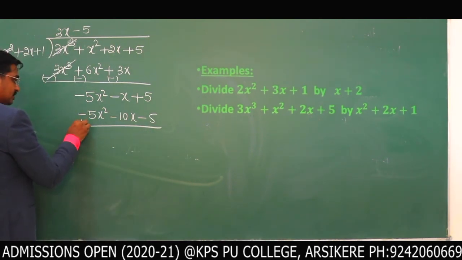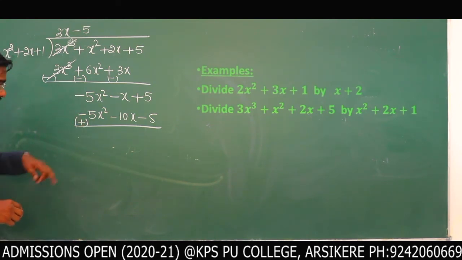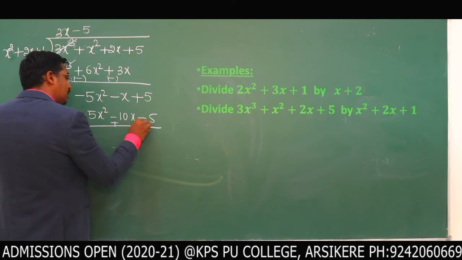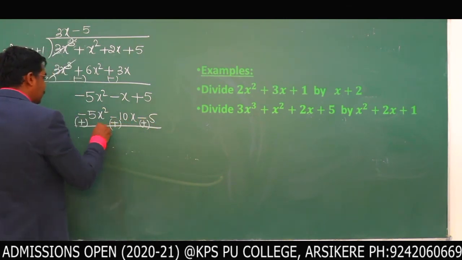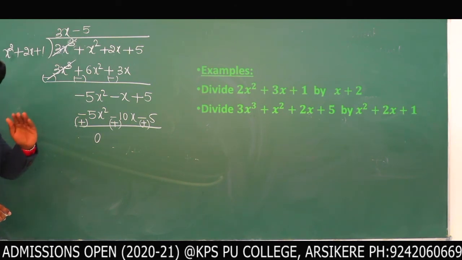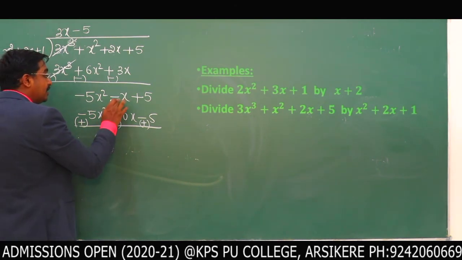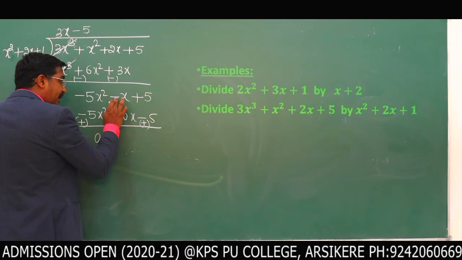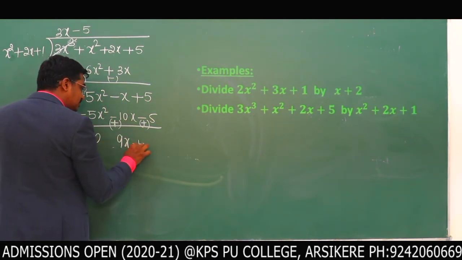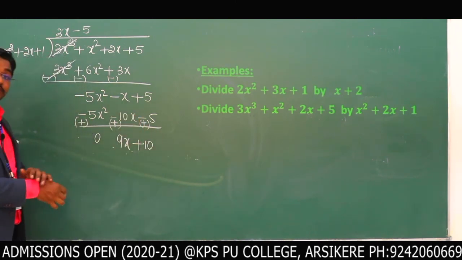Next, because we are subtracting, negative changes to positive, negative changes to positive. What is the simplification here? Minus 5x square and plus 5x square get cancelled, we are left with 0, and minus x plus 10x reduces to 9x, and plus 10, so 9x plus 10.